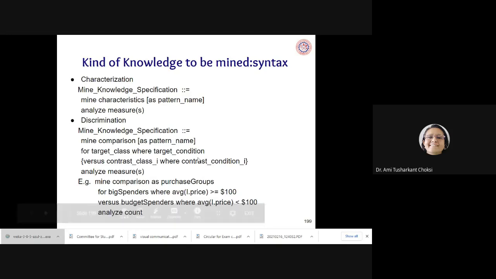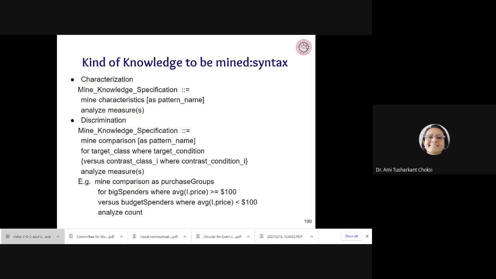That means, for example, big spenders where average i.price is greater than or equal to $100, versus budget spenders where average i.price is less than $100. Analyze the count.